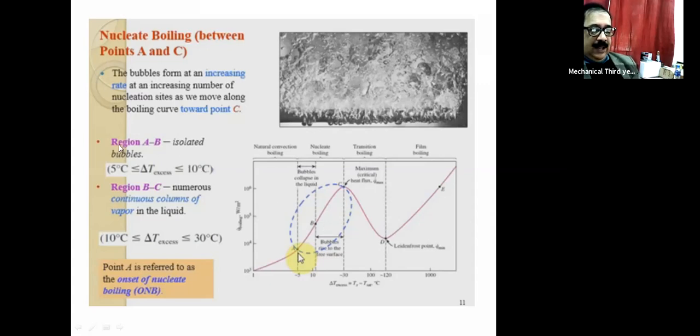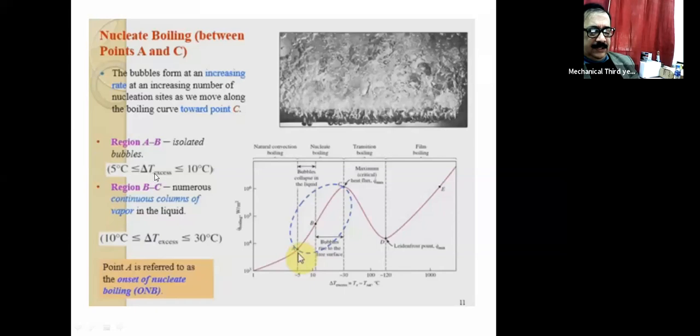In region A to B, isolated bubbles form, and the bubbles collapse within the liquid from this to this. This is for the water under consideration, 5 degrees centigrade.